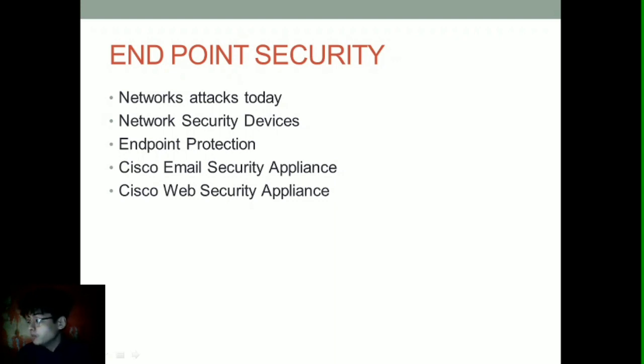VPN can be integrated into the firewall. The NGFW provides stateful packet inspection, application visibility and control, a next generation intrusion prevention system, or NGIPS, advanced malware protection, or AMP, and URL filtering.